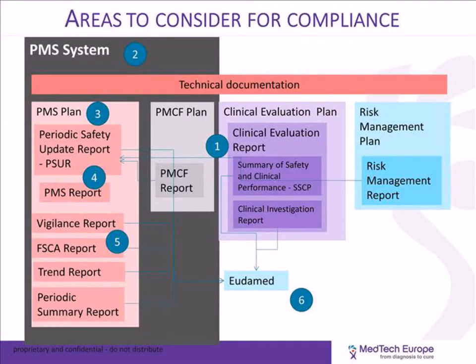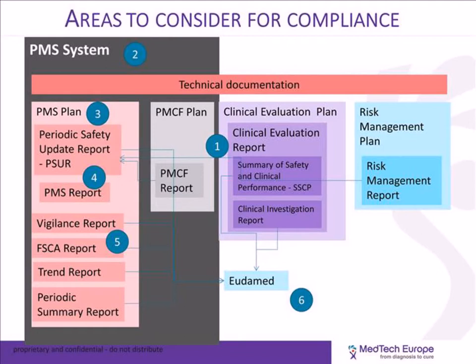This is another rendition of this report, which was produced by the Post-Market Surveillance Working Group. You can see here how they interact with each other and how they feed the post-market system.